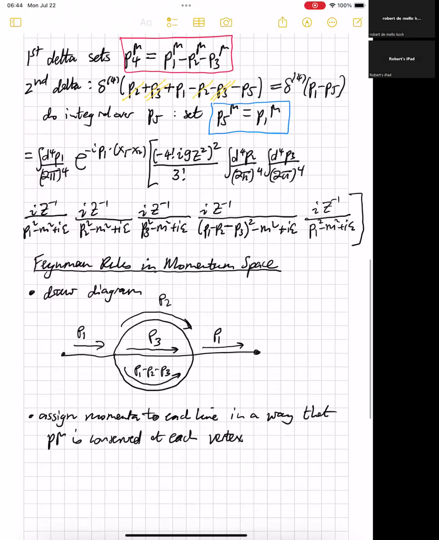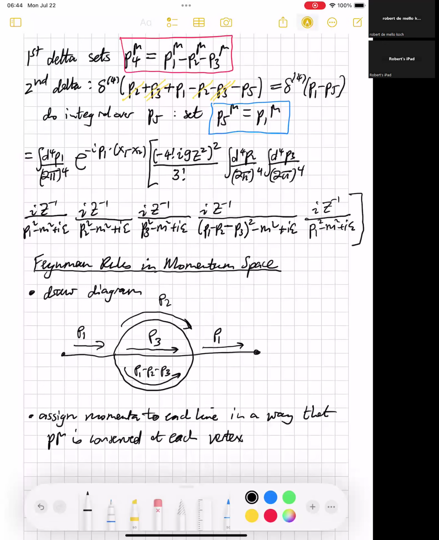And now let me just introduce a little bit of language. We have external momenta: these are the momenta associated with external lines, so lines that connect to dots. For this Feynman diagram, the external momenta are the two p1s, the momenta for the two external lines.